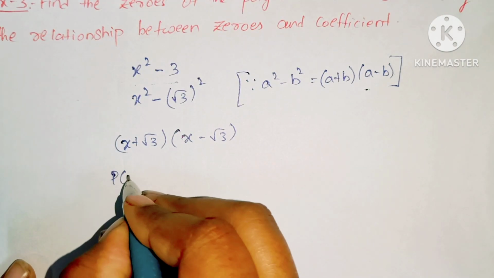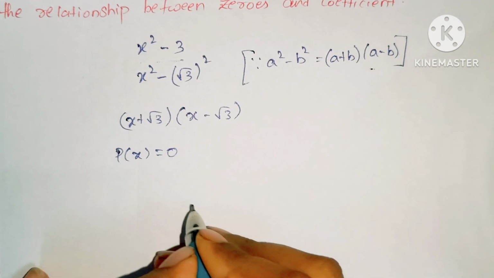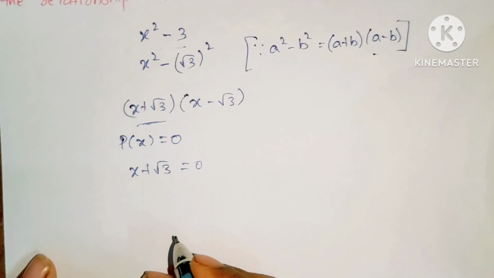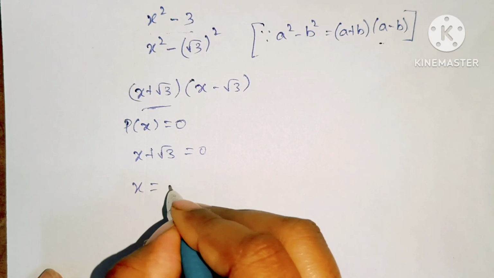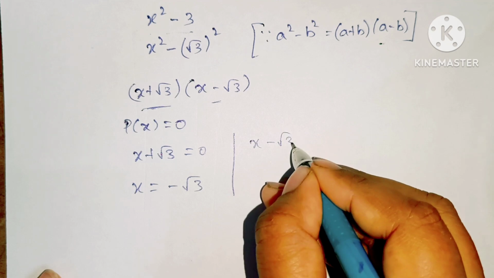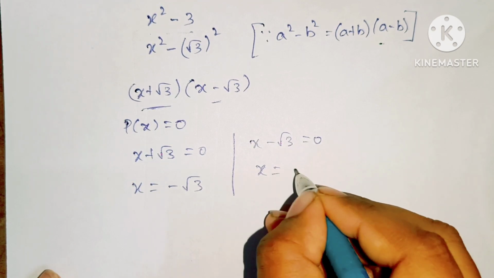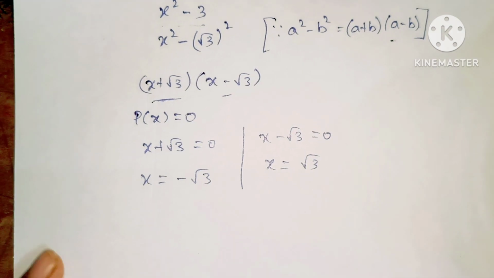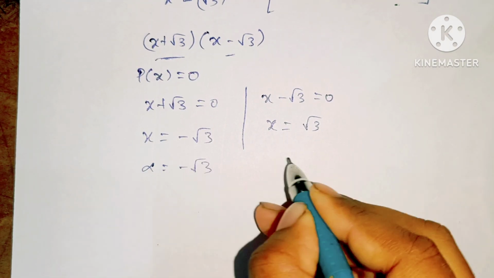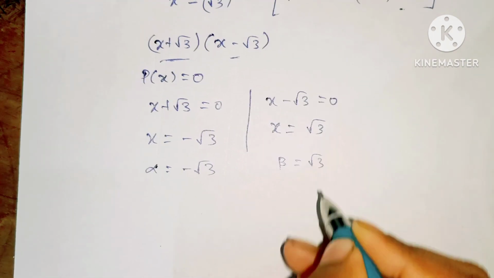So you know that p of x equal to 0. So x plus root 3 equal to 0. I took first root, x plus root 3 equal to 0, x equal to minus root 3, and second root I took x minus root 3 equal to 0, x equal to plus root 3. Understood? That means alpha is minus root 3, beta is root 3 I took it.